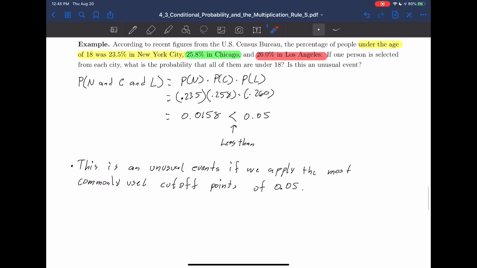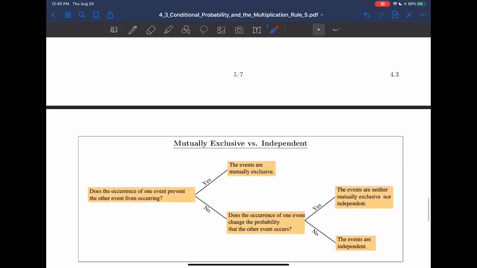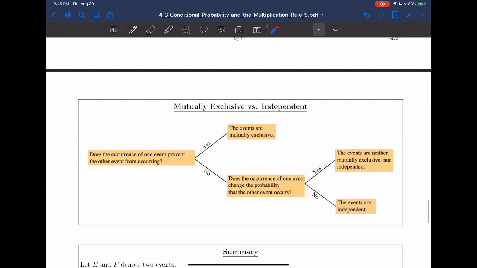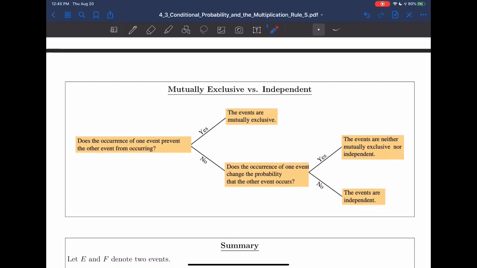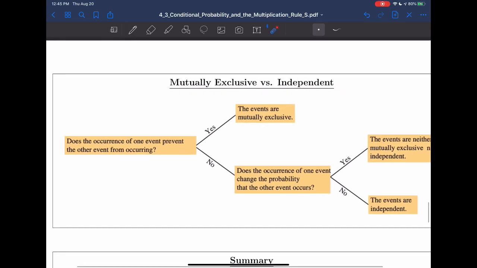Okay, so I know that we've been talking a lot about mutually exclusive and independent events, and very commonly people get a little bit confused about these two. So there's a little map here that hopefully could help you identify whether you're dealing with something that's mutually exclusive or independent. So you want to ask yourself first, does the occurrence of one event prevent the other event from occurring? And if the answer is yes, then this is a mutually exclusive event.